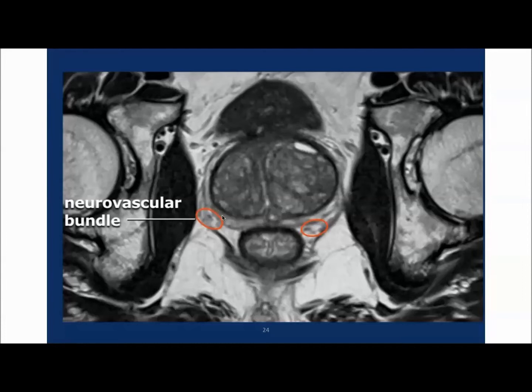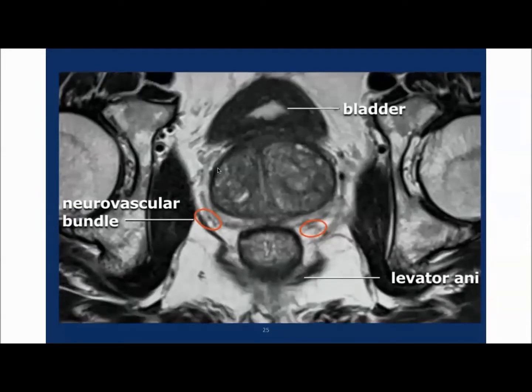This is a question we often ask our colleagues during tumor board meetings: whether the neurovascular bundles are involved, in order to decide whether they can be spared or not. So these are your neurovascular bundles. You start seeing the bladder here and the rectum with levator ani muscles lower down.